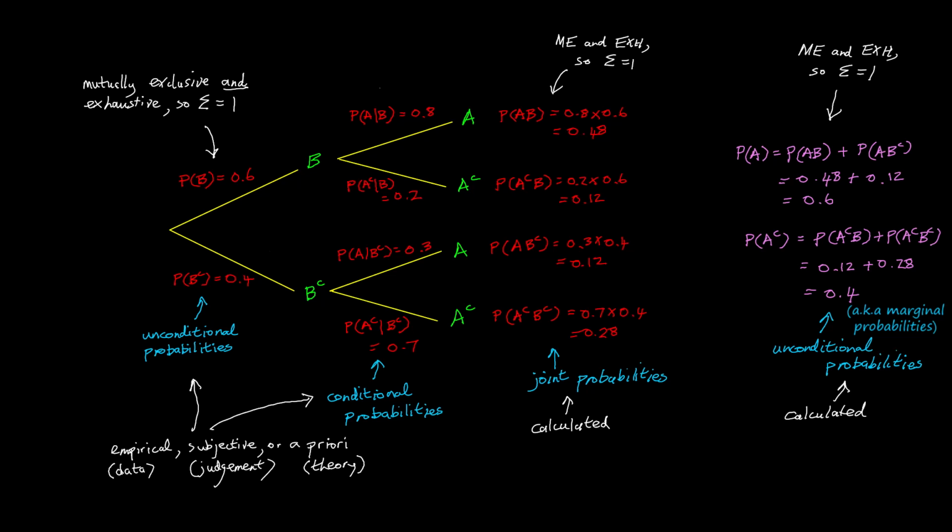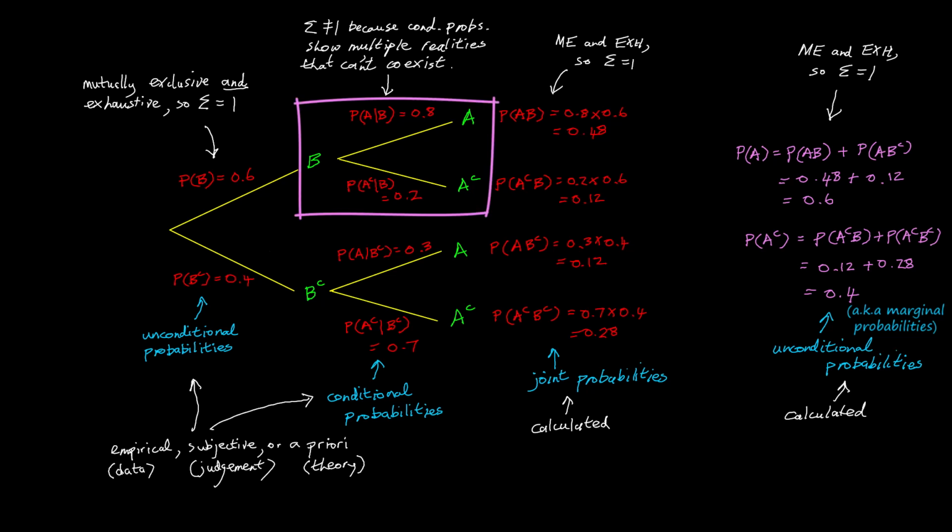The ones to watch out for are the conditional probabilities in the middle. There you need to take a little bit more of a granular analysis and understand that you cannot simply go straight down that part of the tree, adding up all those probabilities and expect to get to a total of 1. Those represent situations in which we have different branches of reality. For example, if B occurs, then within the universe in which B did occur, A may or may not occur.